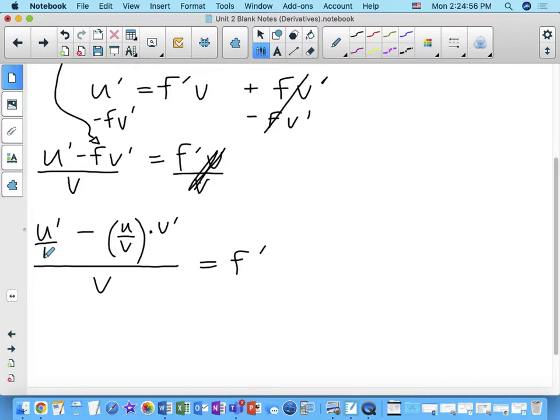Between 1 and v, the LCD is v. So I need to multiply this by v over v. And what I'm going to get is u prime v minus uv prime over v equals f prime.